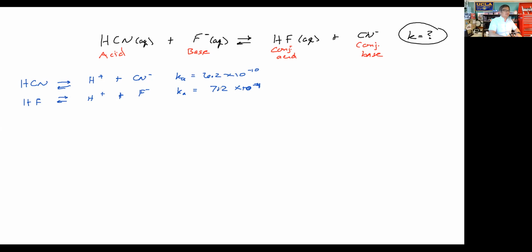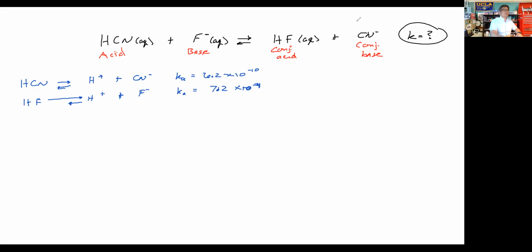If we look at the Ka values, they tell us that hydrofluoric acid is a much stronger acid, which means the equilibrium will favor the right-hand side. Let me write this here. When we take a look at the Ka values, it tells us that the process here favors the products.